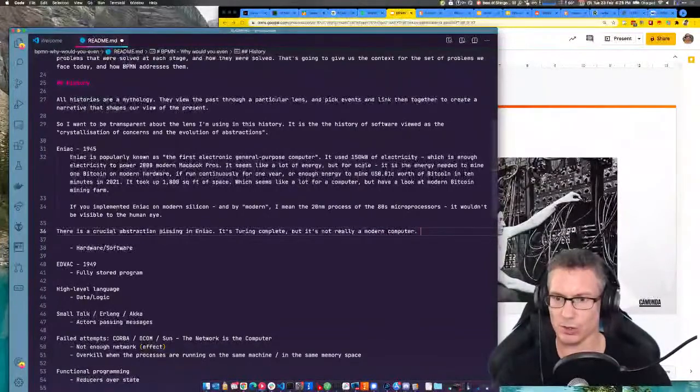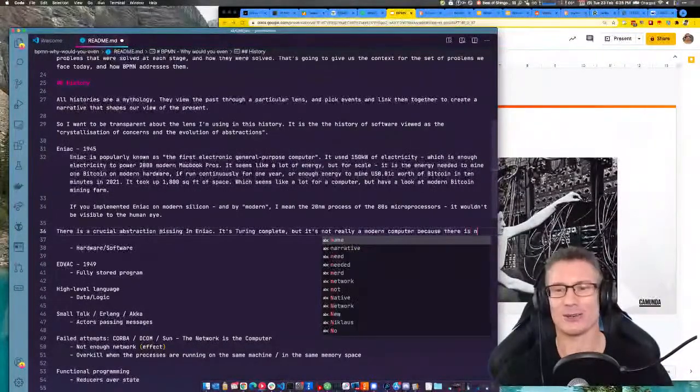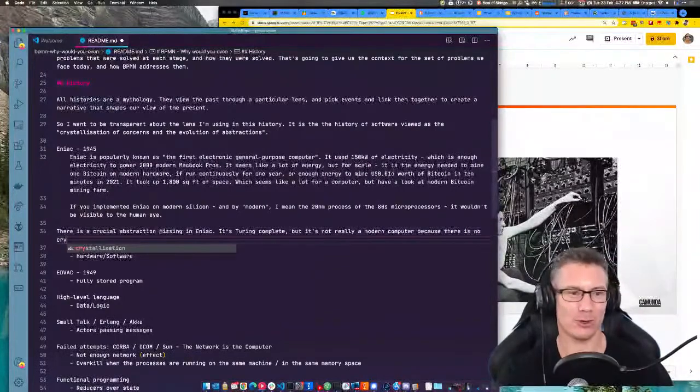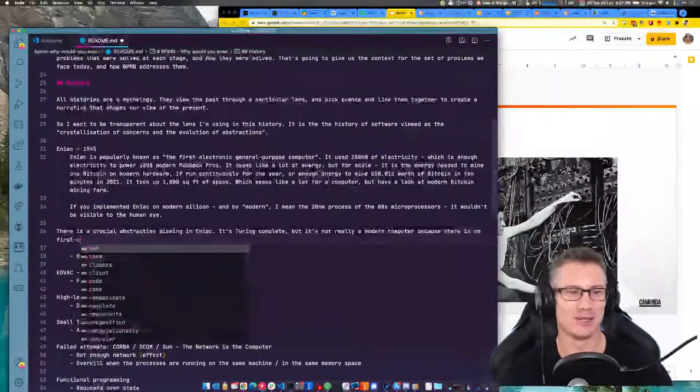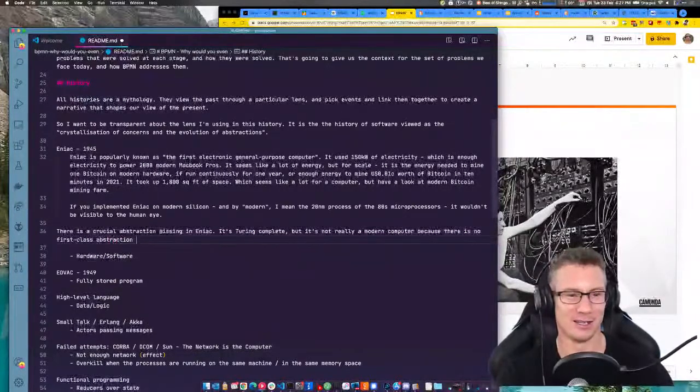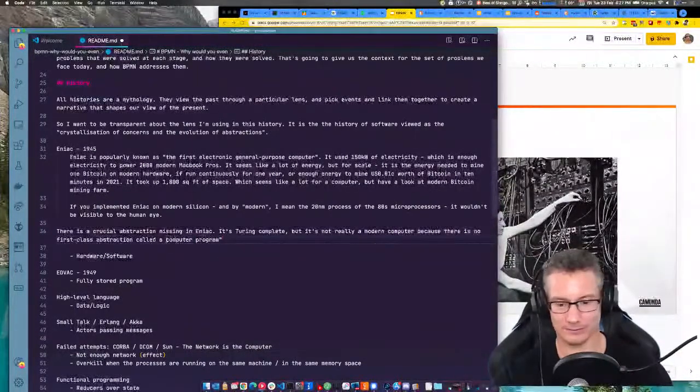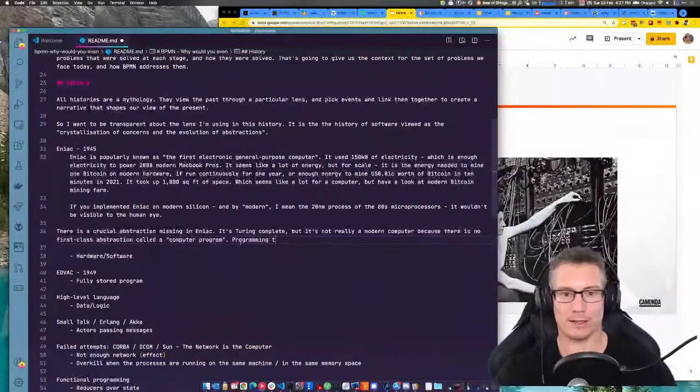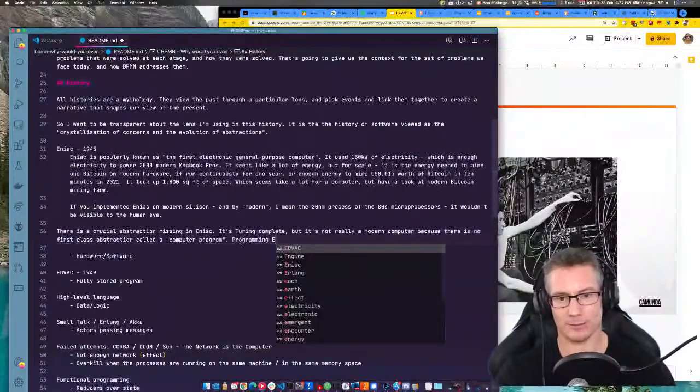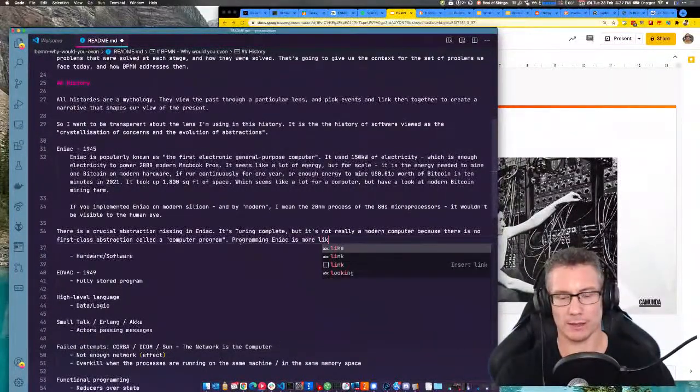It's not really a modern computer because there is no first class abstraction called a computer program. Programming the ENIAC is more like patching a Moog synthesizer.